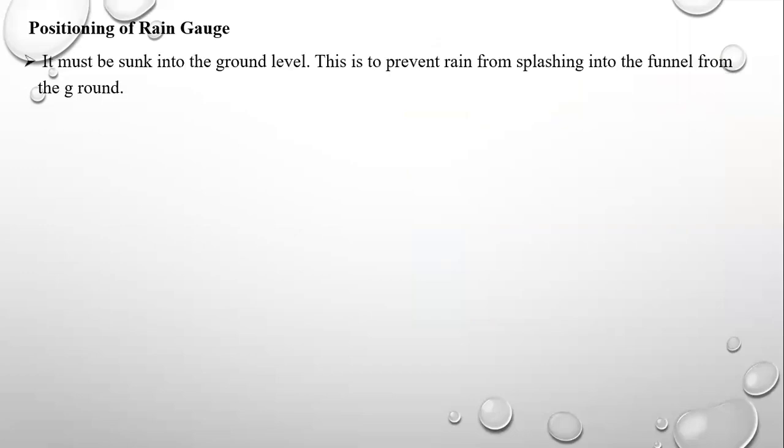Now, positioning of a rain gauge. So you don't put a rain gauge anyhow. You need to position it strategically so that you can collect the rain in that cylinder. Now, the first thing that you must do is the rain gauge must be sunk into the ground level. This is to prevent rain from splashing into the funnel from the ground.